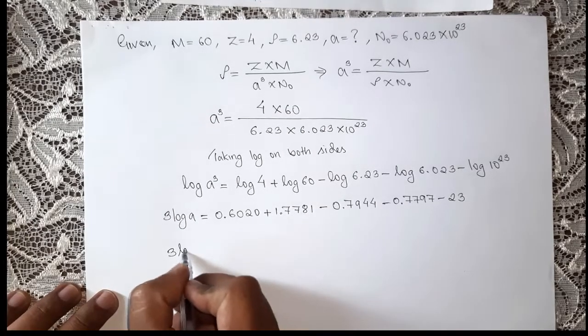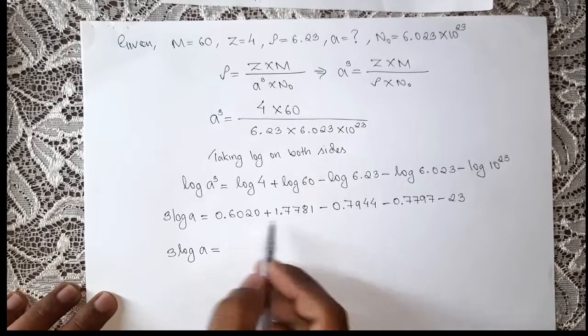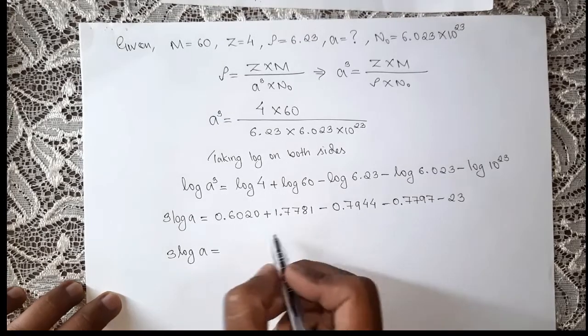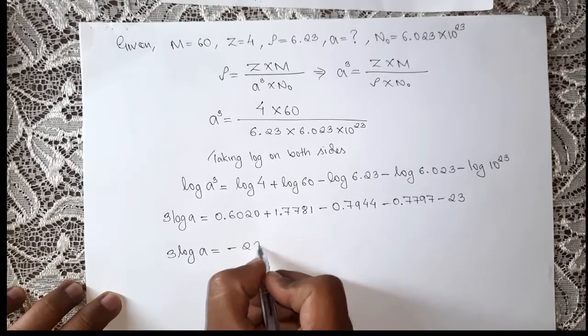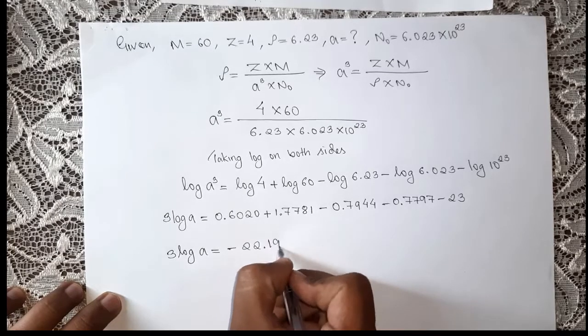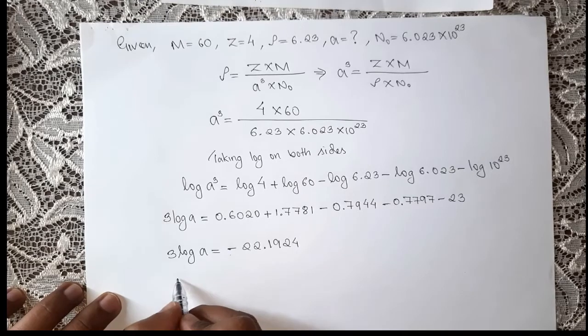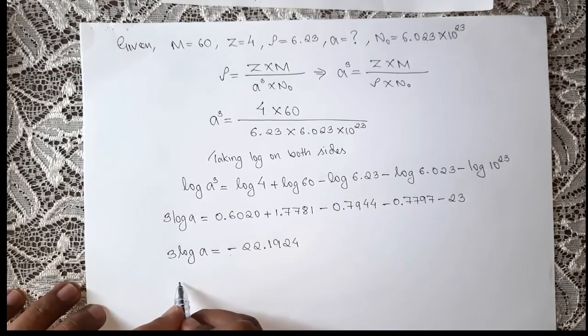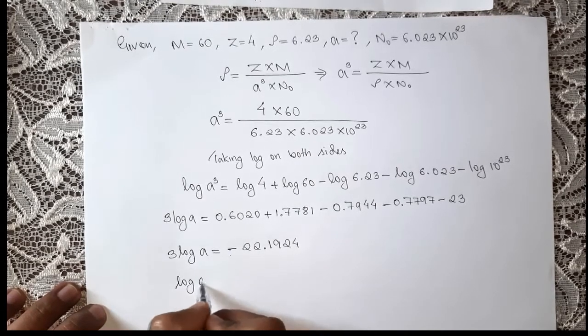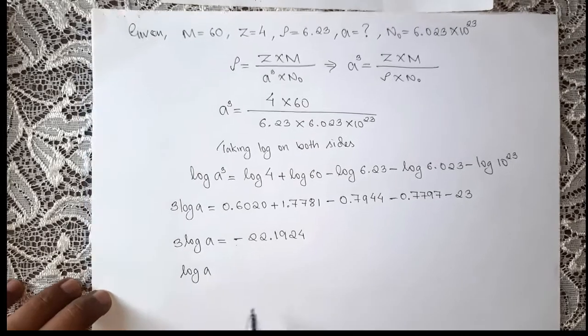So 3 log a, if you calculate these values, we shall have minus 22.1924. Since it is negative here, we need to use that step 1 and step 2. First of all, I will remove this 3.